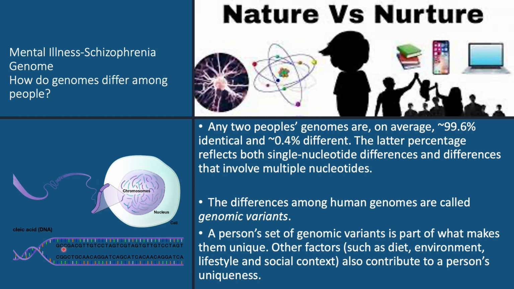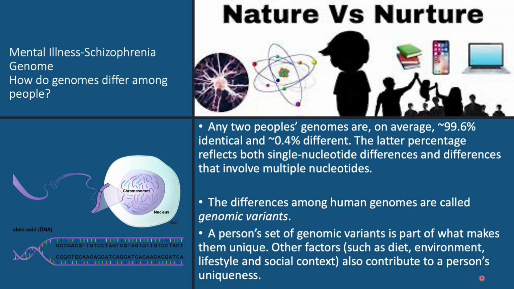Now, if you look at the bottom here in the cartoon at the left, you see the different nucleotides or bases represented by letters. 0.4% of these letters will be different among different people. So, again, a person's set of genomic variants is part of what makes them unique.